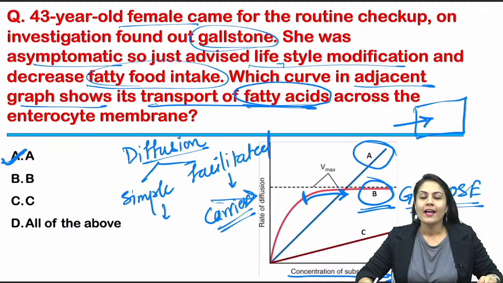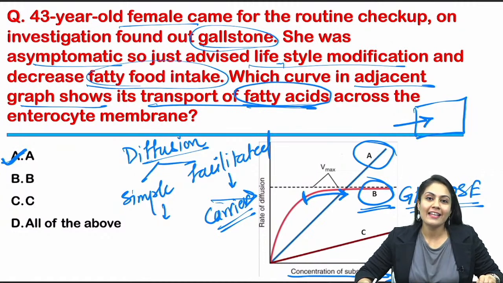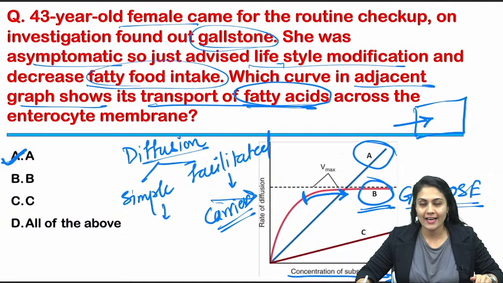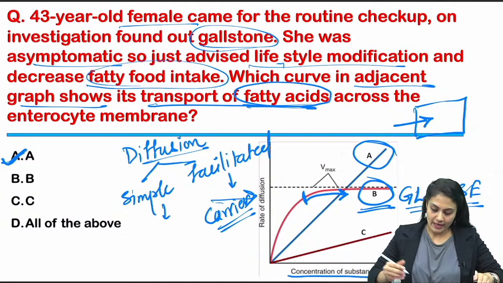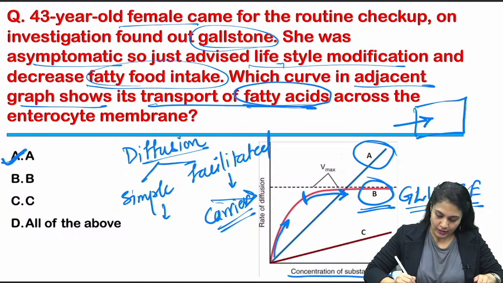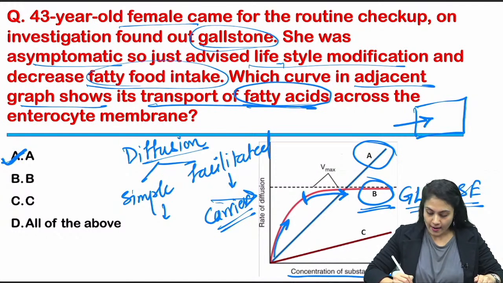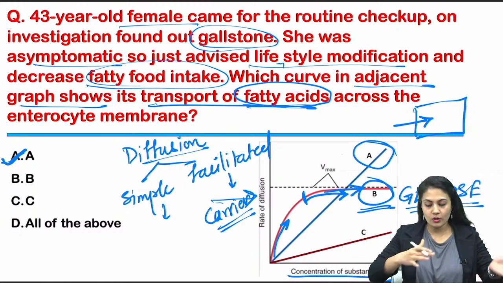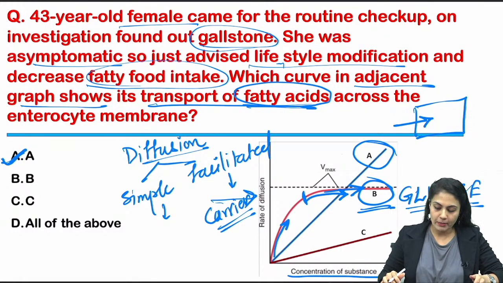But then the vehicles are ultimately going to get saturated, right? That's why the speed will be high, but they are going to get saturated. So look over here, the speed initially of the facilitated will be high, but it is going to get saturated after some time. That is not the case in simple diffusion.